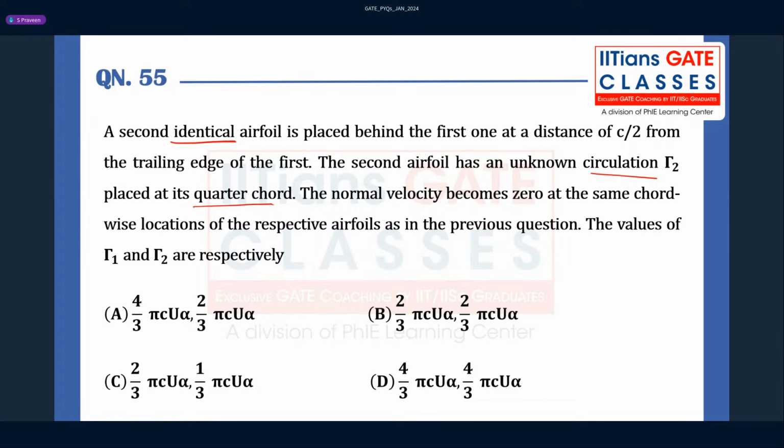Okay, guys, I think this is a bit lengthy one, so never mind.